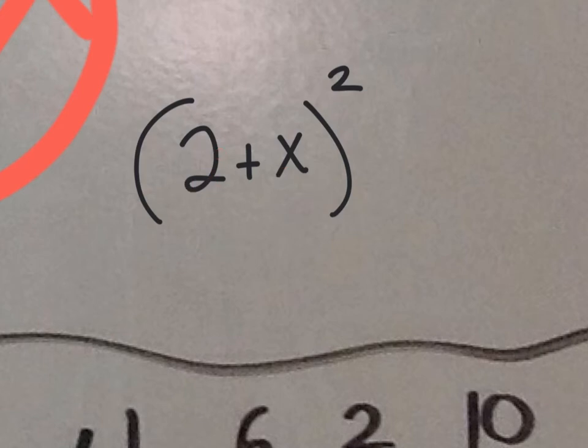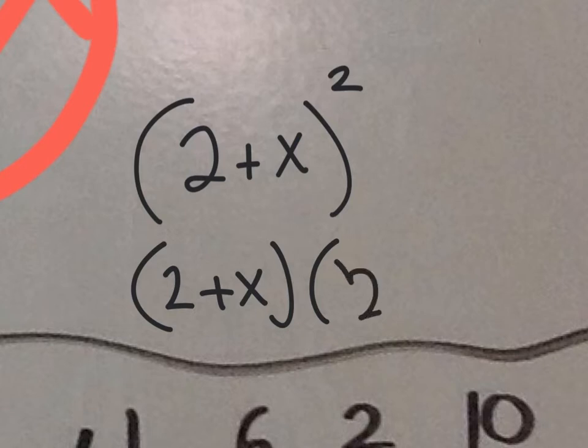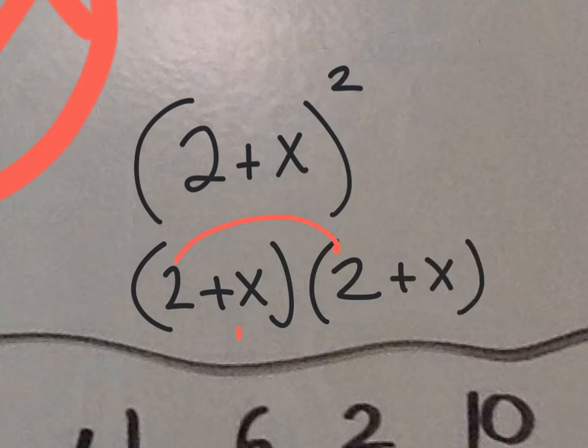So technically, what you would have to do to be able to do this problem, you would have to write it twice. 2 plus x times 2, well, that's ugly, times 2 plus x. And you would have to distribute and say 2 times 2 is 4, 2 times x is 2x, x times 2 is another 2x, and x times x would be positive x squared.